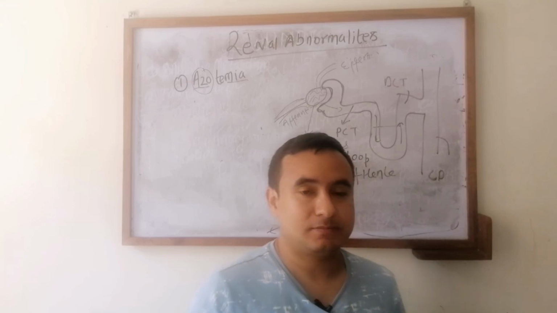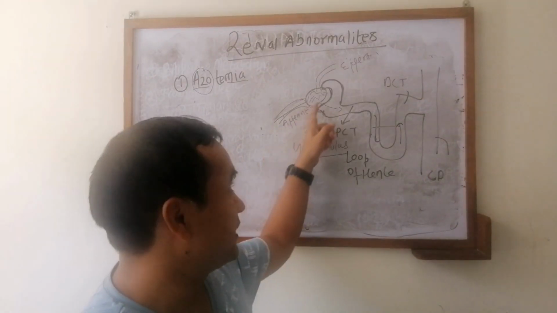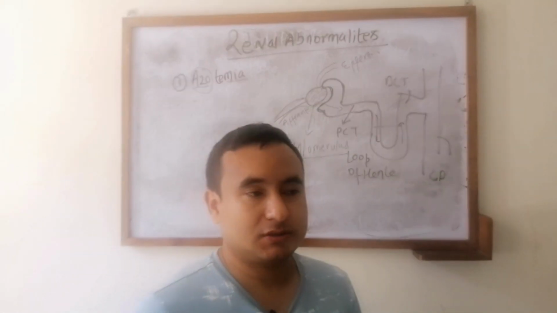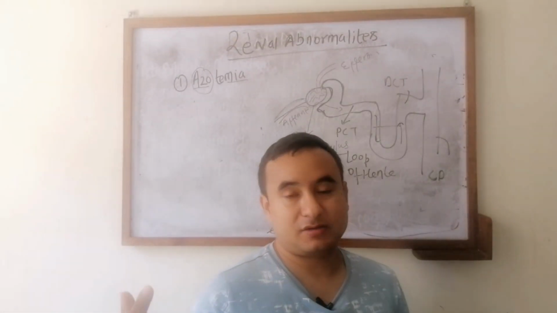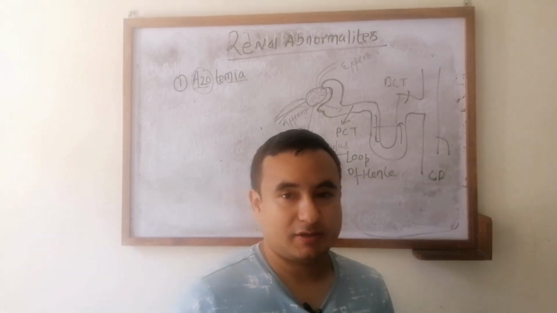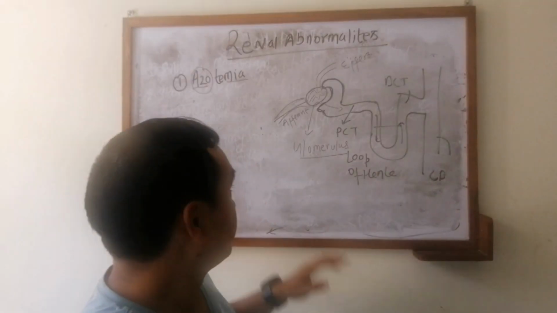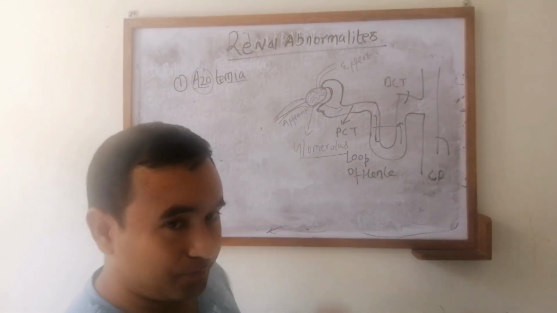That happens because there is impairment in the filtration process in the glomerulus, or in excretion through the tubules. There is an increase in nitrogenous waste, so this is called azotemia.